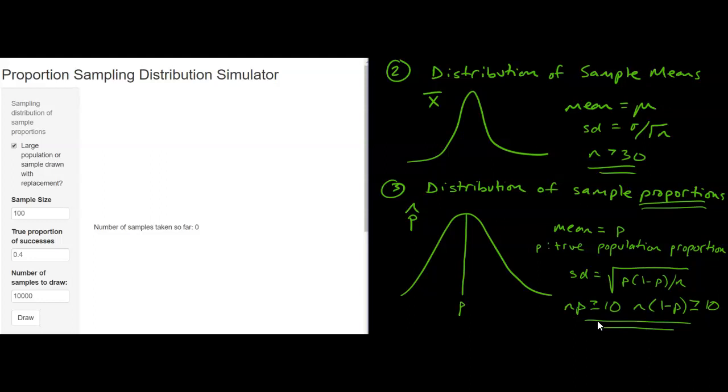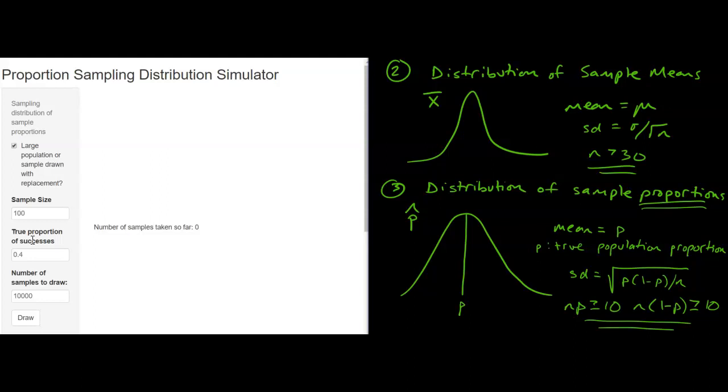And so where this says the true proportion of successes is 0.4, I want you to think of that as the true proportion of people in the population that are going to vote for the particular candidate that we're thinking about. So we're going to sample 100 people, and just because the true proportion of people in the population that are going to vote for our particular candidate is 40%, does not mean that our sample proportion is always going to be 40%.